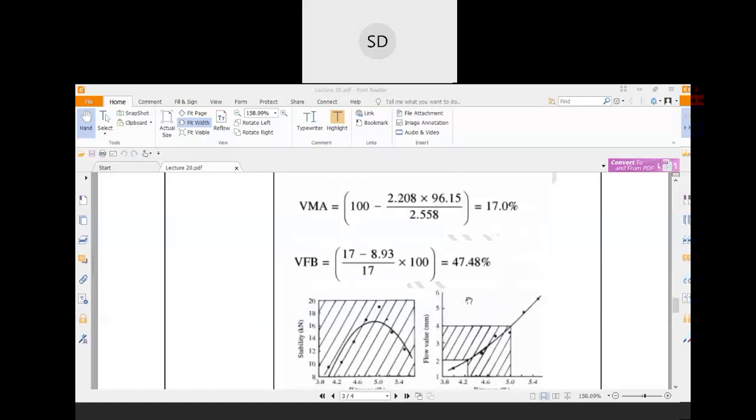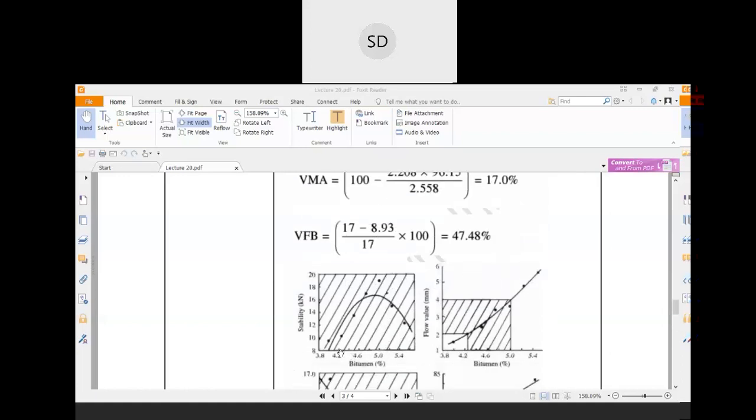Now after getting all these values, you have to plot some graphs. Your first plot would be stability versus bitumen percentage. How do we calculate the stability value? It is calculated using the Marshall stability test. After the Marshall stability test, you will get values with different percentages of bitumen, and using that you will get the stability value.